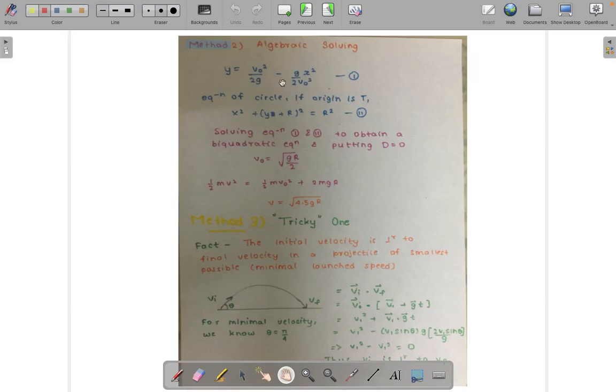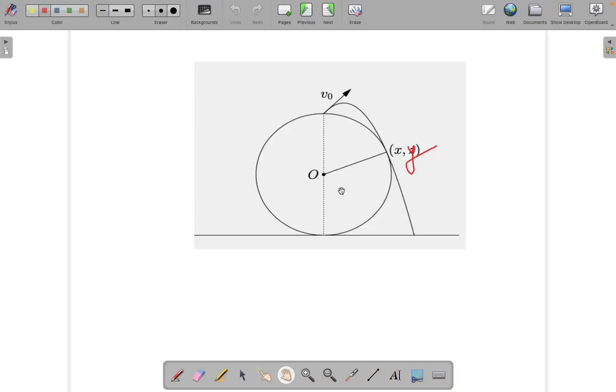So we know that this is the equation of the safety parabola. Now the equation of the circle if the origin is at T. So this is the diagram. We know that the projectile is being fired from the topmost point as we have reversed this process. So this must be our coordinate axis, as it has been, not proved, but explained earlier.